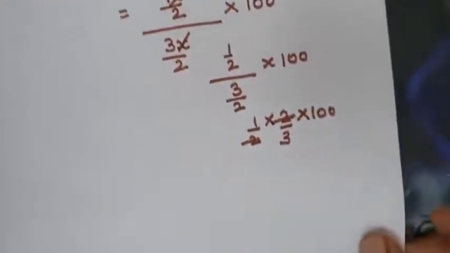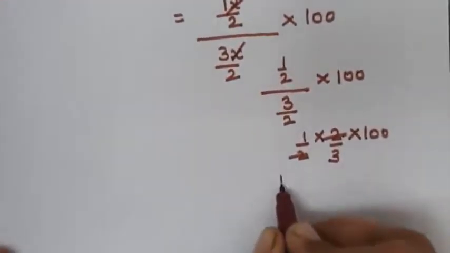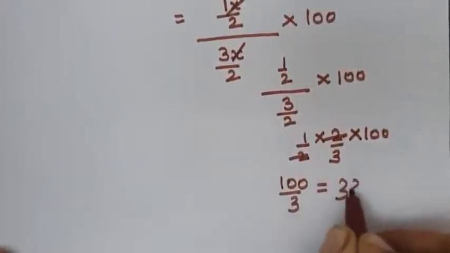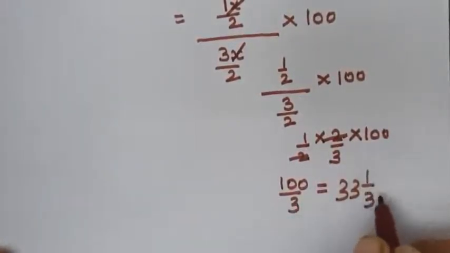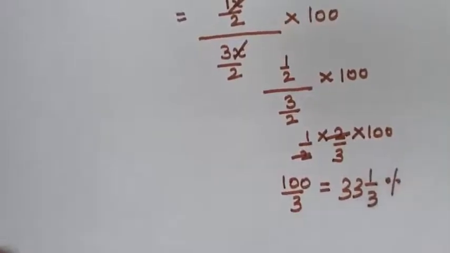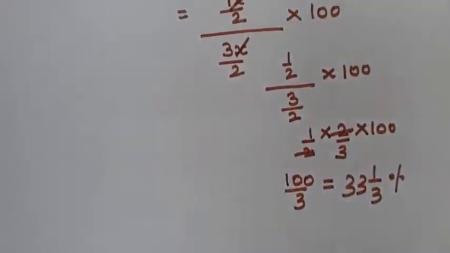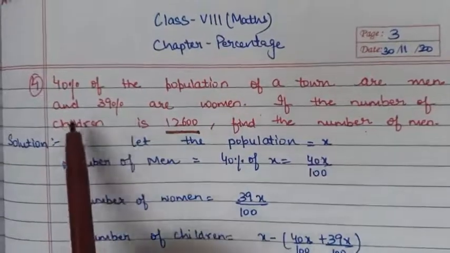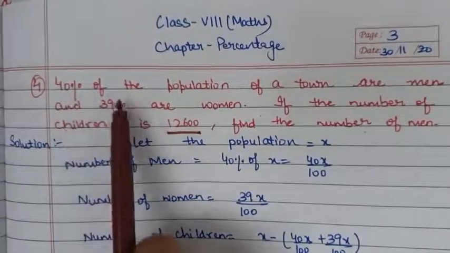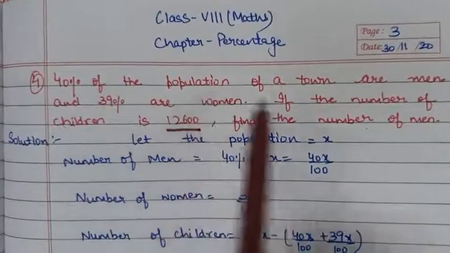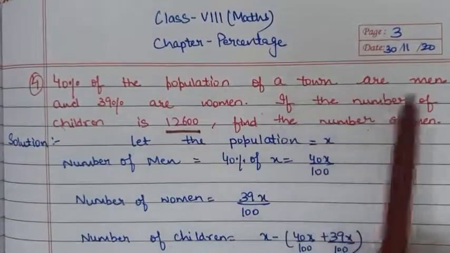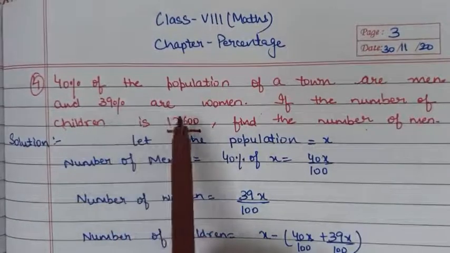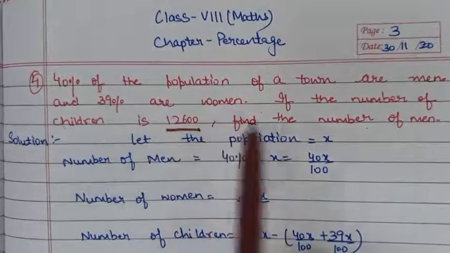So we get 100 upon 3, that is, in the mixed fraction, 33 1 upon 3%. Clear?